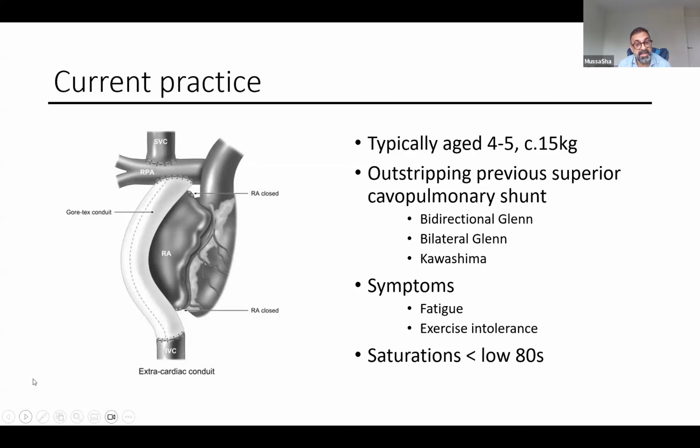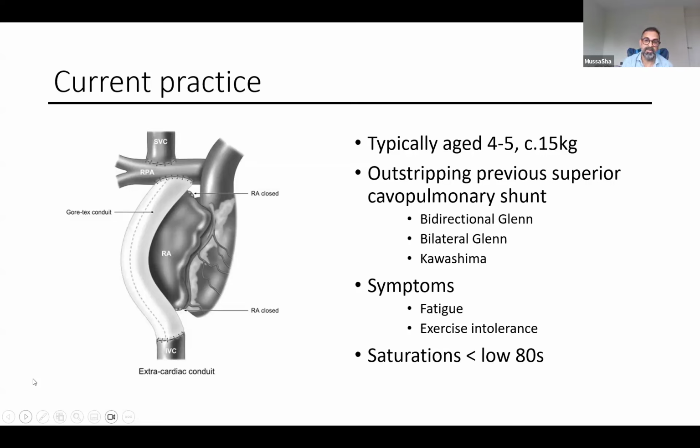And in terms of the signs that we see, their saturations start to drop from the 80s, okay, into less than that. So sometimes into the 70s, and when it's getting really severe, into the 60s. Now, by that stage, we really should have considered augmenting pulmonary blood flow further by doing the Fontan operation. So I think once we see the saturations dropping into the 70s, and symptoms developing, those are the indications to proceed with Fontan.